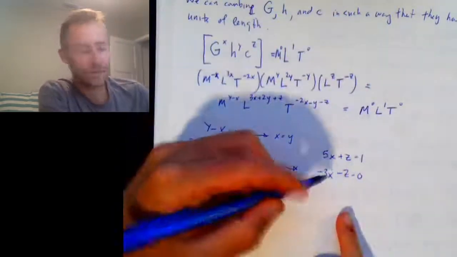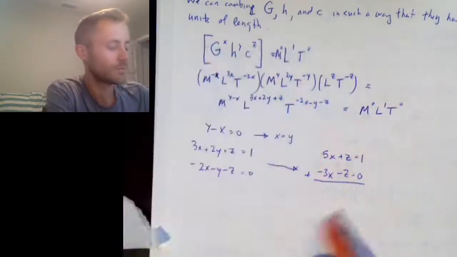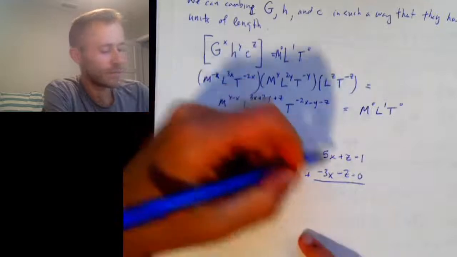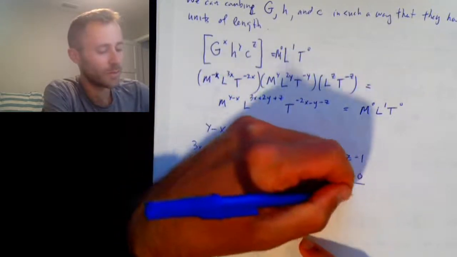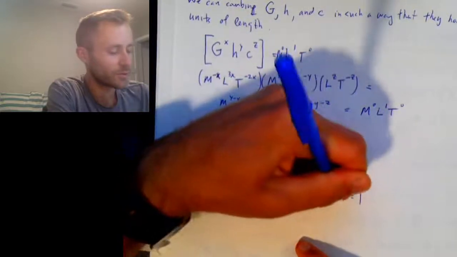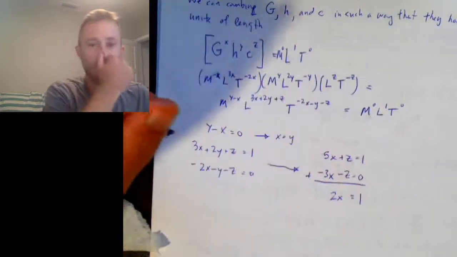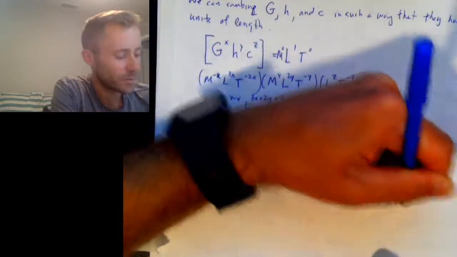Now if I add those two equations, I get z minus z, 1 plus 0, and then 5x minus 3x, so 2x equals 1, which means that x equals 1/2.